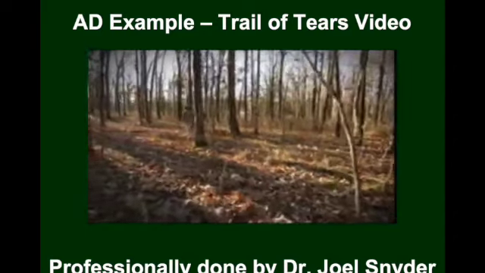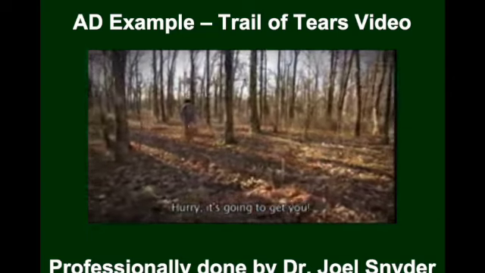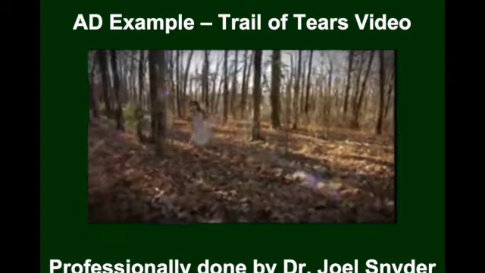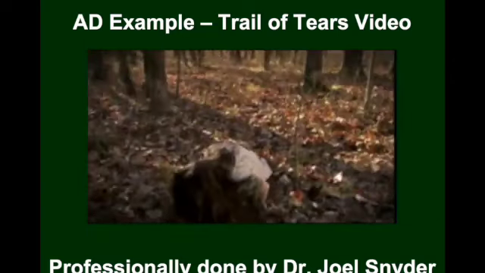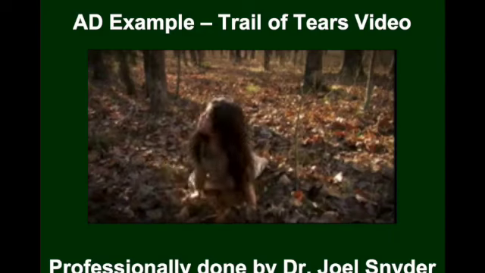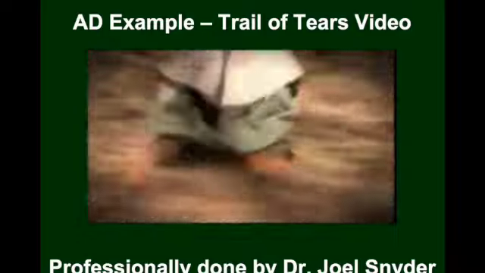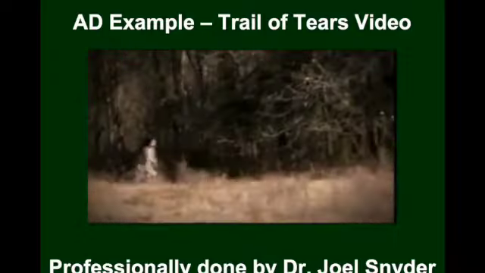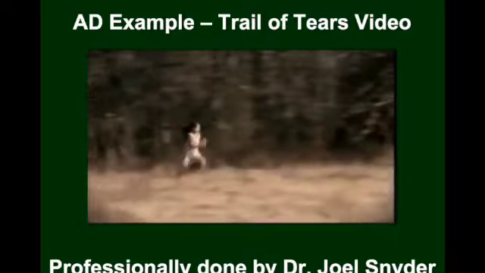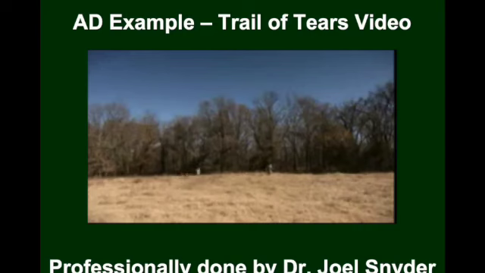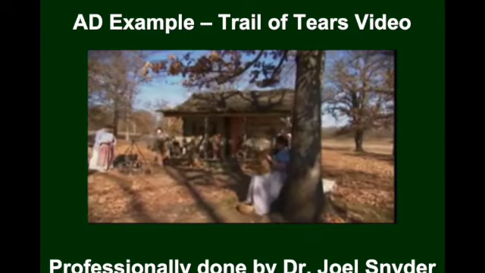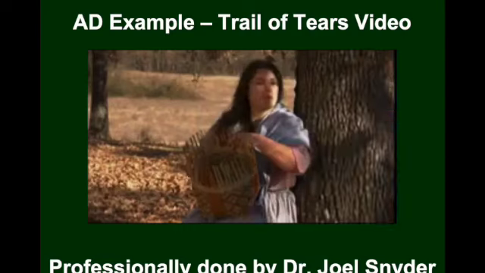Come back. Hurry, it's going to get you. The girl stumbles. Hurry. The girl stands and continues running, reaching a field of low yellow grasses. The boy reaches a cabin. The girl's grandfather is on the porch and a woman is weaving a basket at a tree. The boy runs past as the girl steps onto the porch.